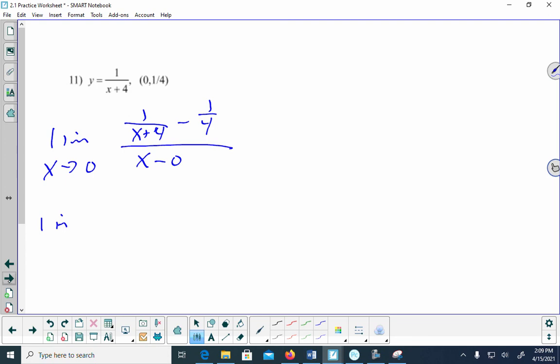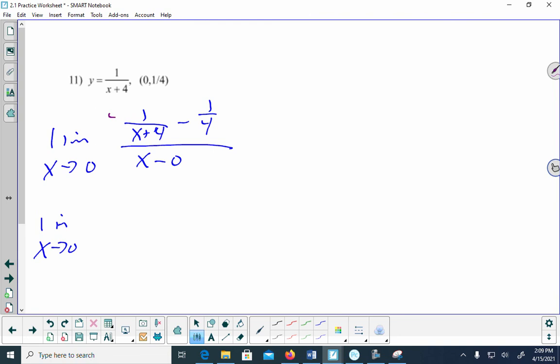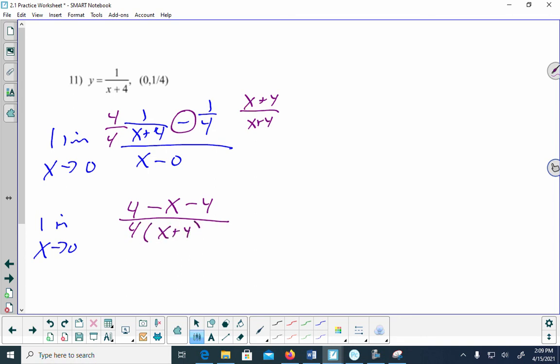This is still the same process. I still have to have a common denominator, so I'm going to multiply this by 4 over 4, this by x plus 4 over x plus 4. So I'm going to have 4 distributing this negative sign minus x minus 4 all over 4 times x plus 4. And this is all over x minus 0, which is just x.